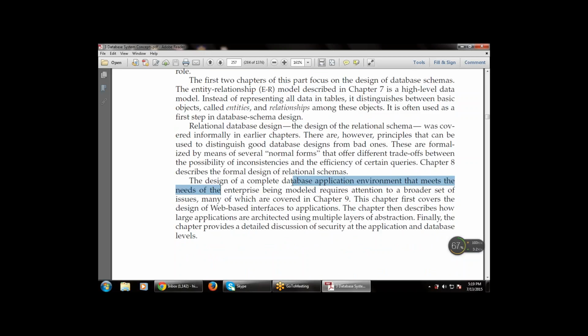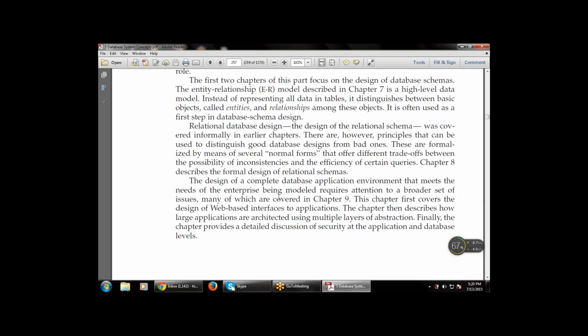The design of a complete database application environment that meets the needs of the enterprise being modeled requires attention to a broad set of issues, which are covered in chapter number 9.